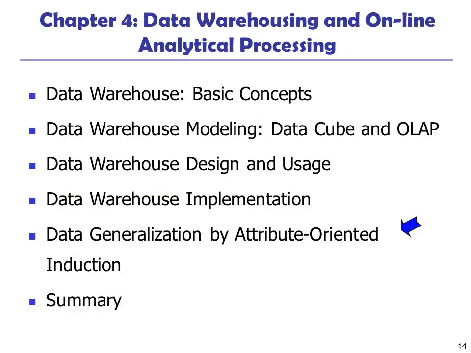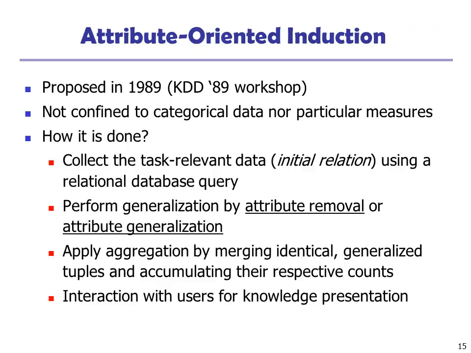So the final topic in this chapter is data generalization by attribute-oriented induction. So that is going to be from now to the end of this chapter. Attribute-oriented induction is an approach for data characterization, or to come up with a concept description, right?